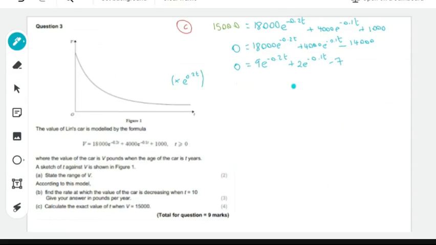Well, you've got 9e to the minus 0.2t multiplied by e to the power of 0.2t. We can split it up further if you like. e to the power of minus 0.2t times e to the power of 0.2t is e to the power of 0, you add them, which equals 9 times 1, which equals 9.